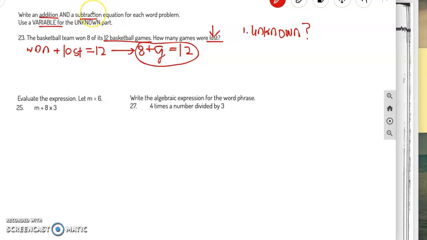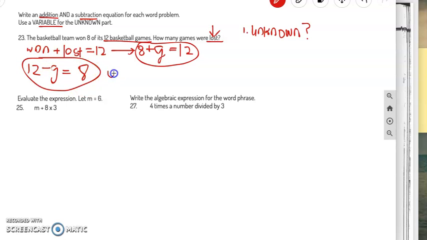Now we need to write the subtraction answer, so we're not quite done yet. Just going to reverse it. So 12 total games minus number of games lost would be the number of games won, which is 8. So that's the subtraction.